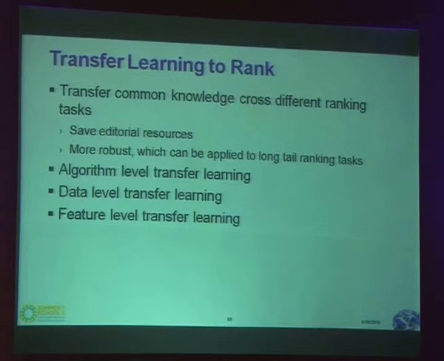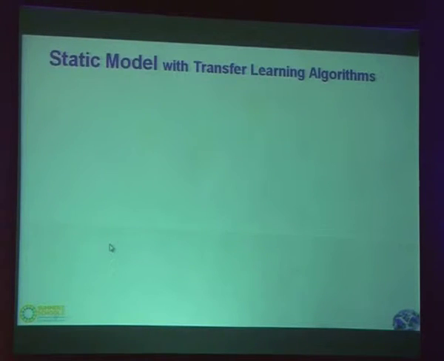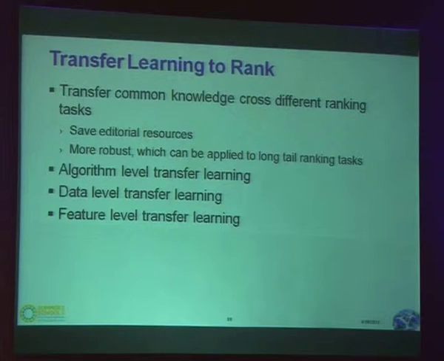Second, it will be more robust and can be applied to many other ranking tasks. There are different levels of transfer learning, like algorithm level, data level, and feature level. In this part, we are mainly focused on the algorithm level.